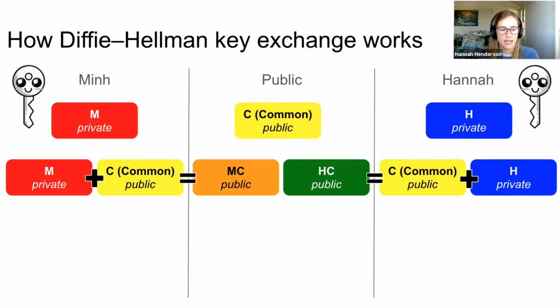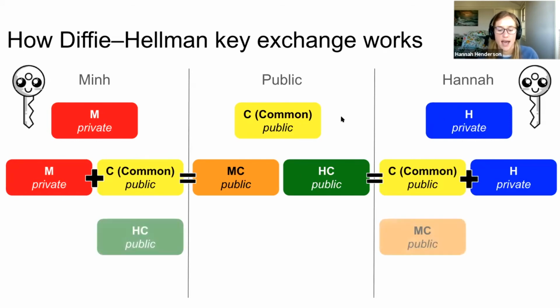So if Min and I have both put this blended public key into the public space, that's great. I can see what the MC combination is and she can see what the HC combination is, but I still don't know what M is and she still doesn't know what H is. So there's no way for us to get value out of that.